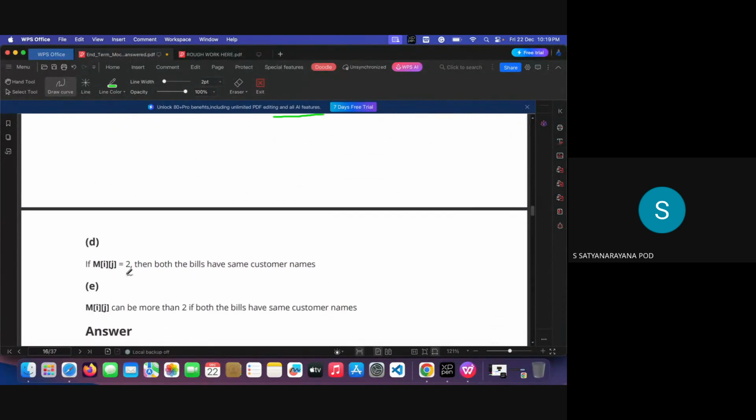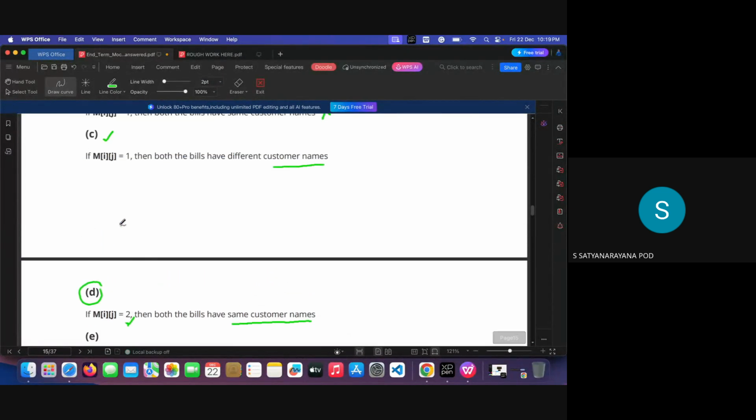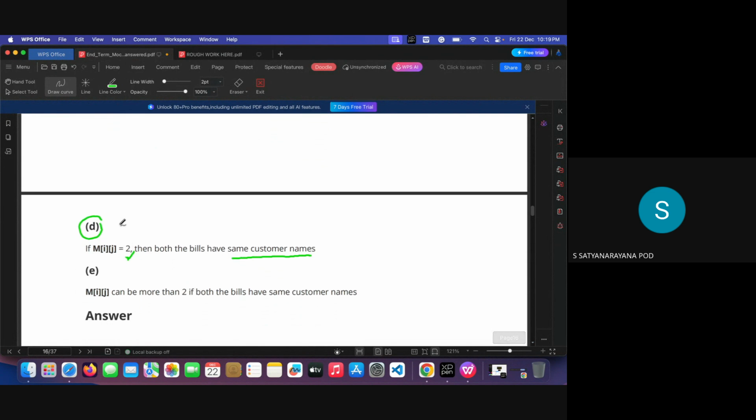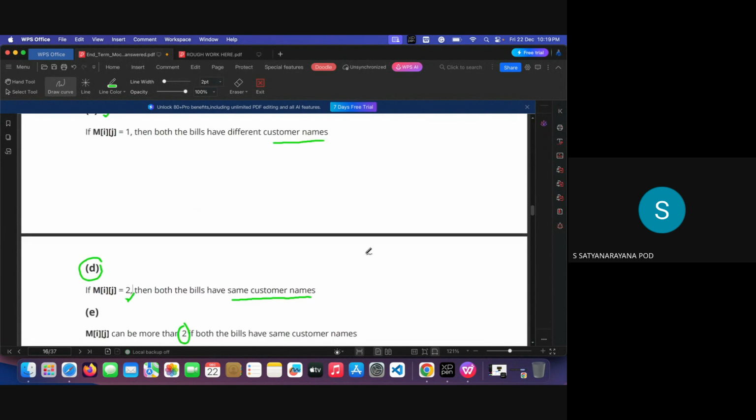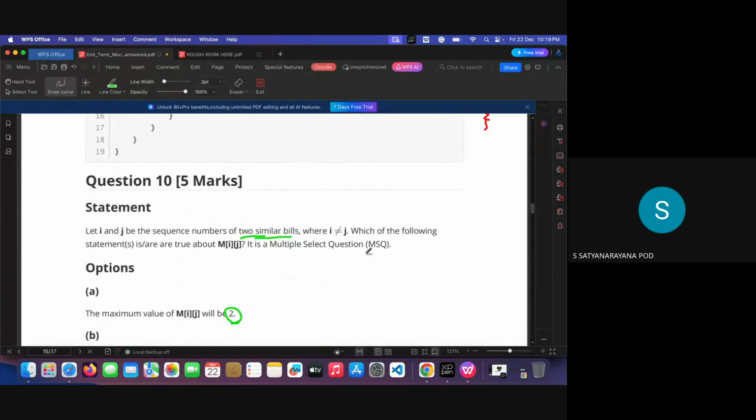Next one. If m of ij equals 2, then both bills have the same customer name. Yes, exactly. So that is right, and of course E we see also, because it's MSQ. Can m of ij be more than 1? No, it's not, because they clearly said sequence numbers of two similar bills only.